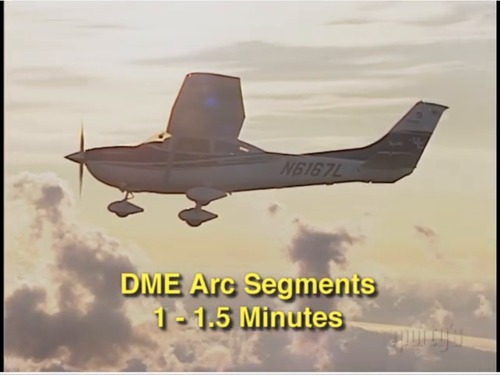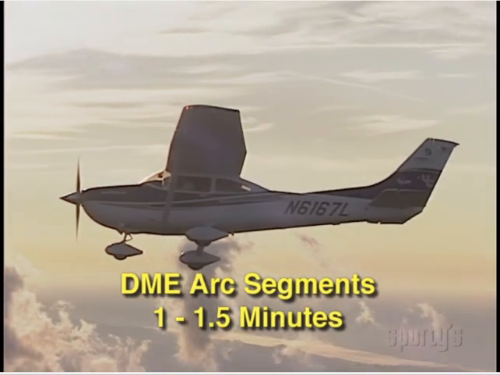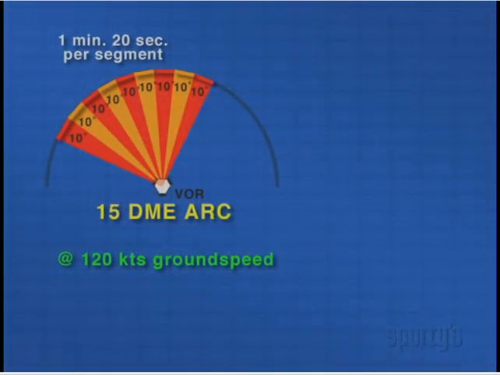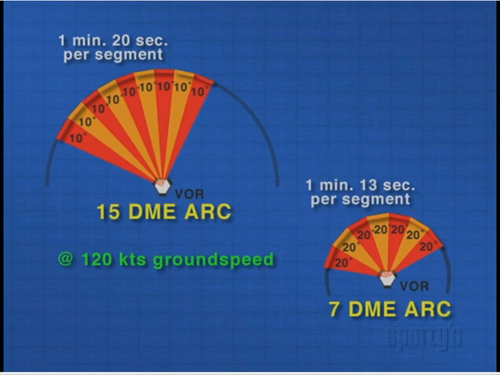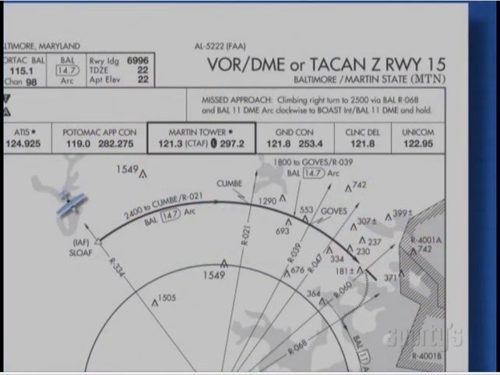Depending on the speed of the airplane, the segments will be 10, 15, or 20 degrees. In no wind, at 120 knots, 10-degree segments on a 15 DME arc will take about 1 1/3 minutes. At the same speed, 20-degree segments on a 7 DME arc will take 1 minute and 13 seconds.